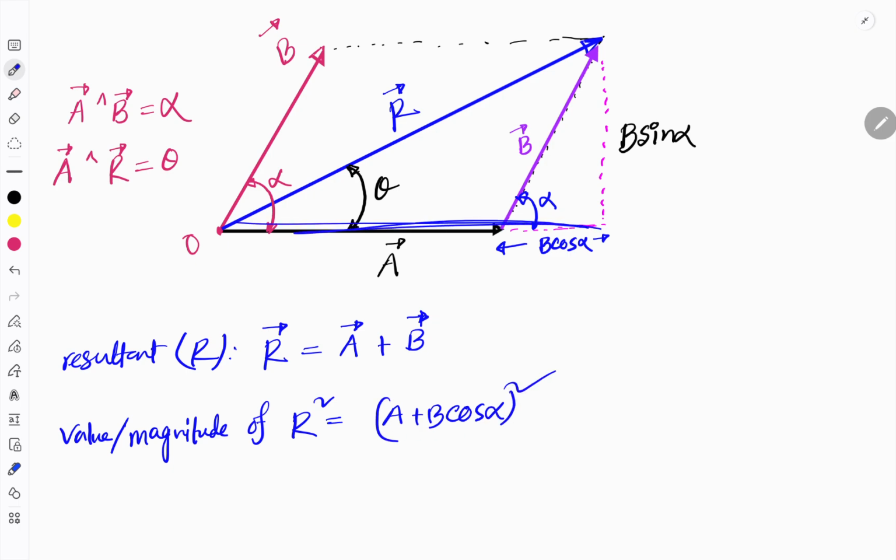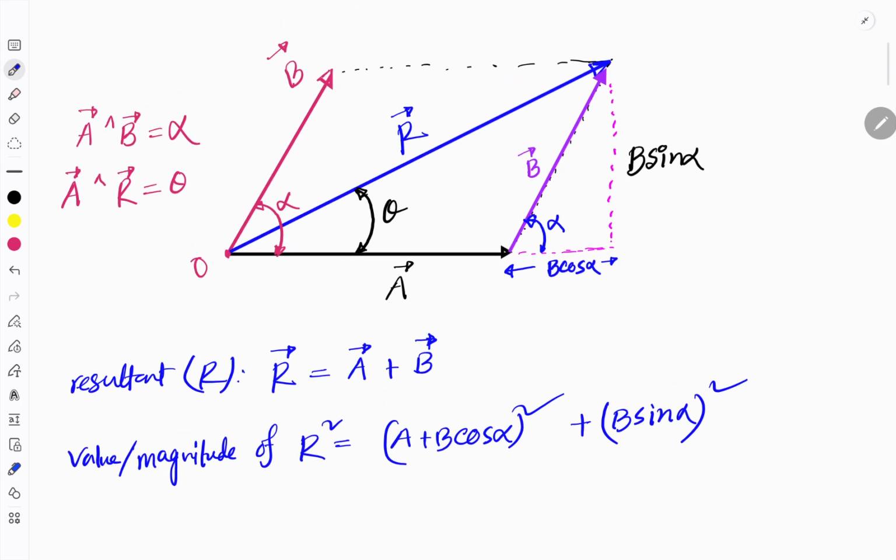This is the adjacent and this is the opposite, so the opposite is B sine alpha, whole square. This is the Pythagorean theorem.